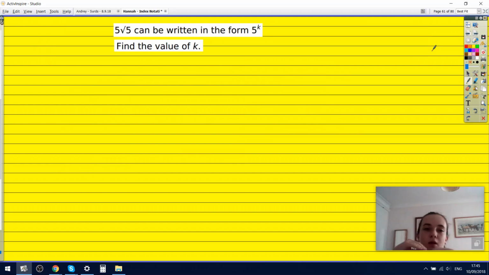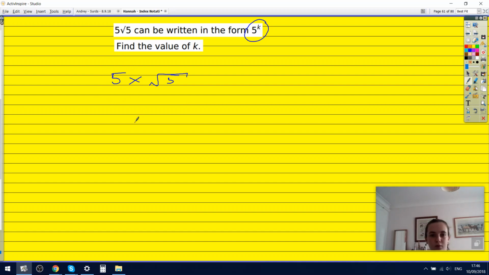Okay, any idea how you do this? 5√5. Would it be a fifth? Another way to write this would be 5 times √5. How would you write each of those as 5 to the power of something? Squared?